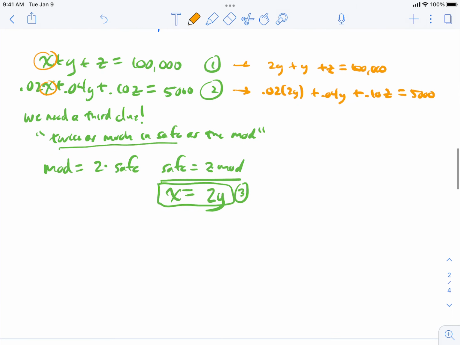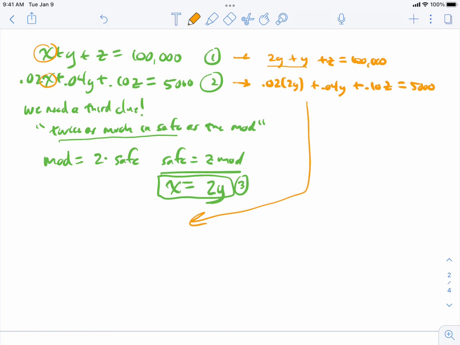Okay, so those are going to become my 2 equations, but let me put them over here. The 2y plus the y makes 3y plus z is equal to 100,000. And then here, this is 0.04y plus another 0.04y, so it's 0.08y plus 0.10z is equal to 5,000.